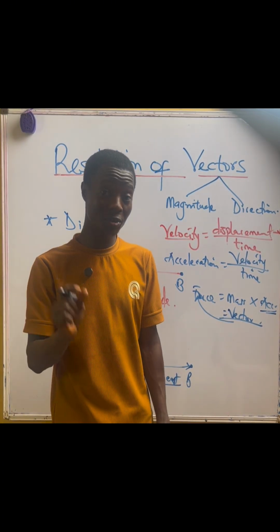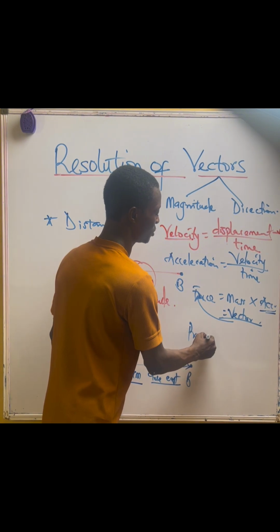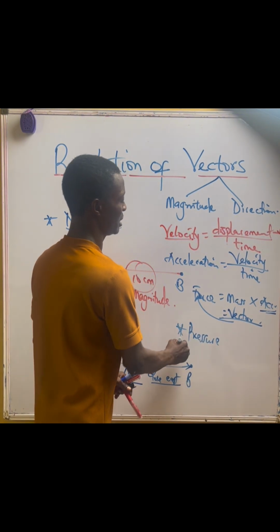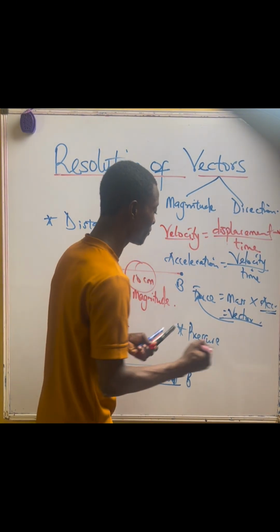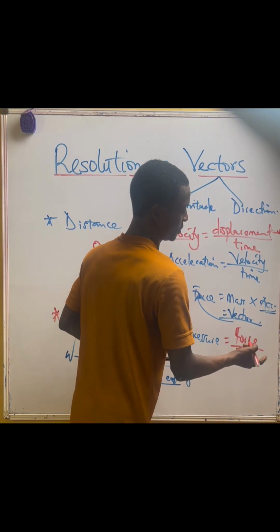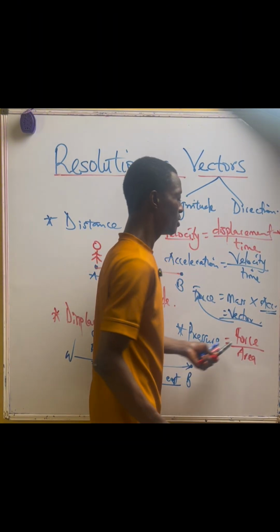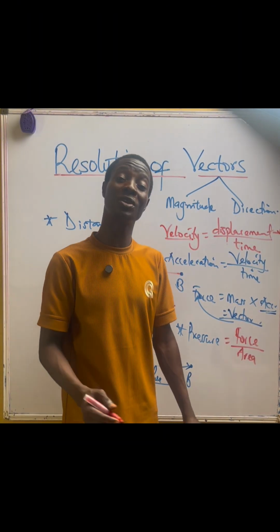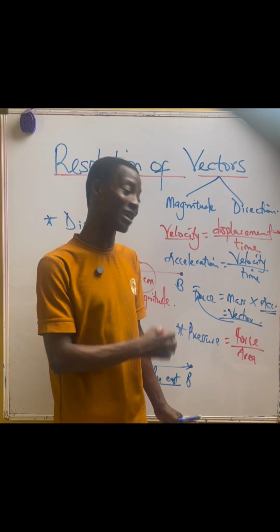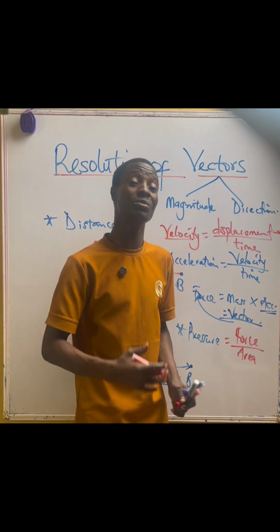It's as simple as that. But there are some exceptions. Pressure, for instance, is an exception. Why do I say pressure is an exception? The formula for pressure is force over area. Force is a vector quantity, as established, and area is a scalar quantity because area does not deal with direction.